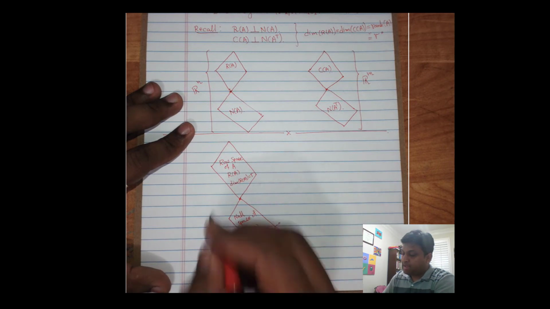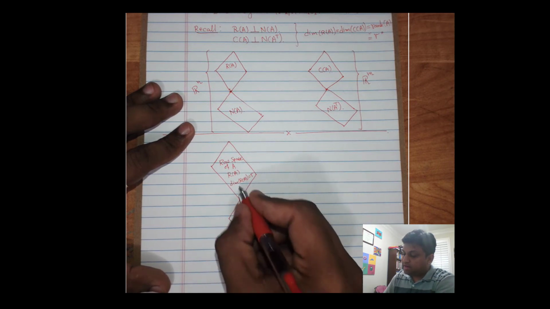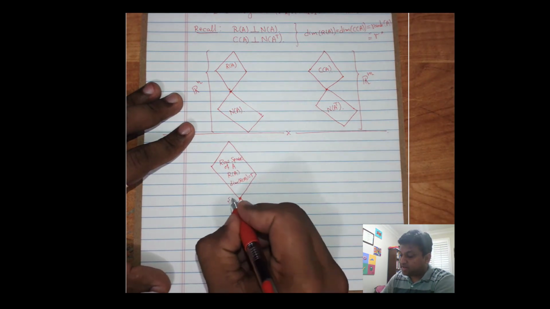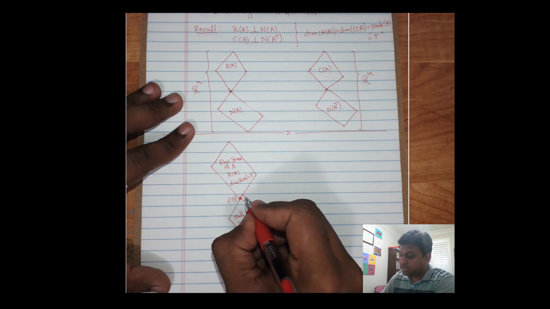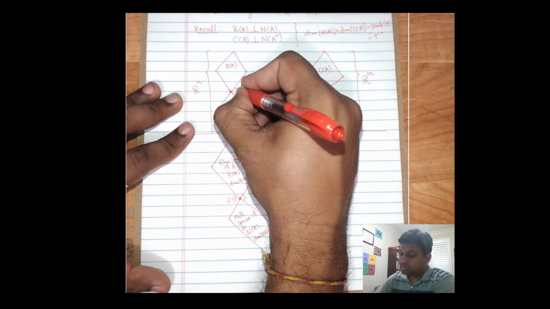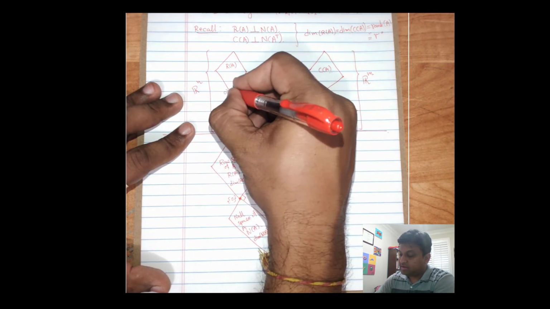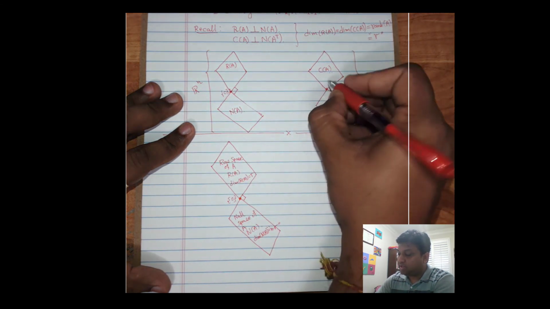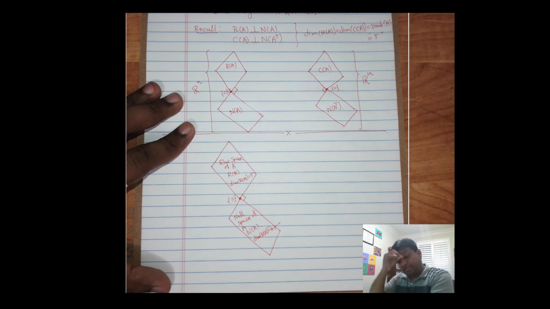What's common between a subspace and its orthogonal complement is the zero vector only. Zero vector is the only common vector between them.